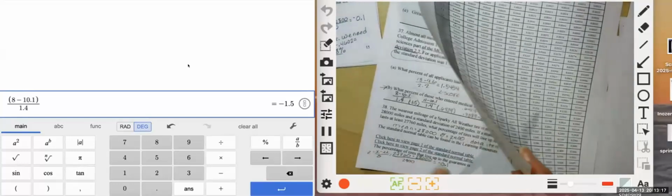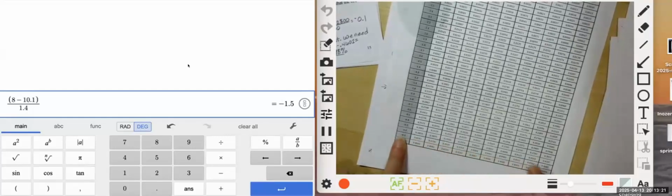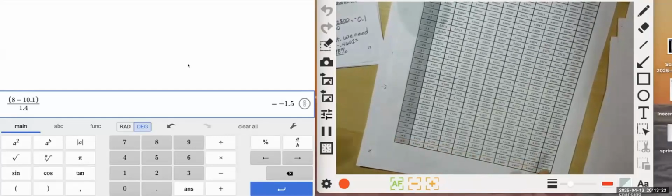So 0, negative 0.1, 0.4602. So what percentage is that? We multiply this by 100, or move the decimal point over 2 times. We get 46.02.